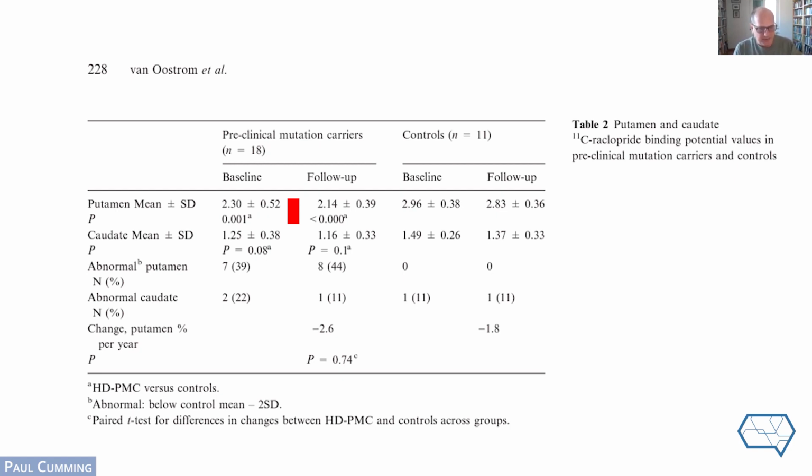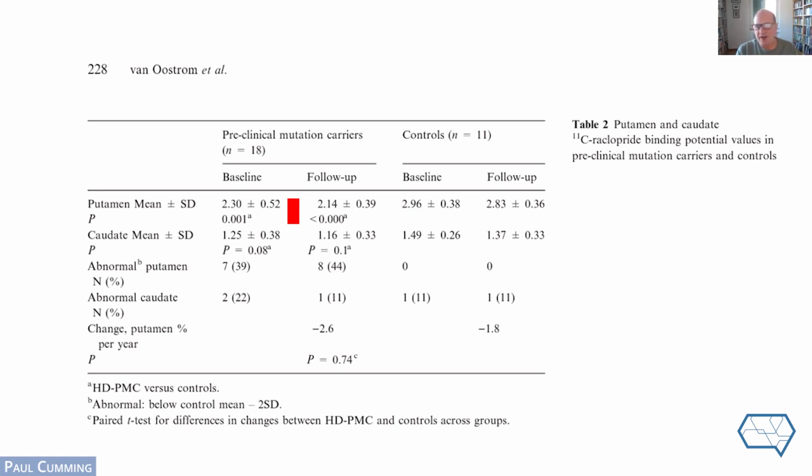And if you look very carefully in the upper part of that figure, the putamen of the preclinical carriers who have not yet established manifest symptoms is 2.3 units in the carriers versus 3.0 or 2.9 units in the controls. And it's highly significant.